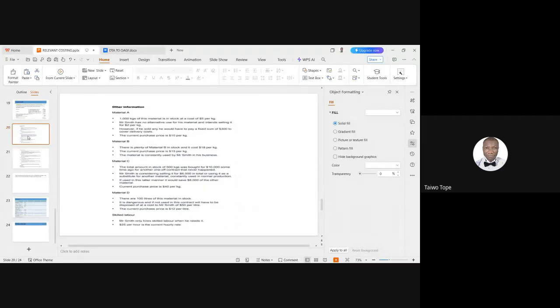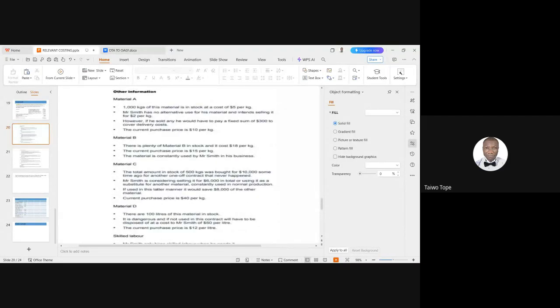The question is: Material A, 1,000 kg of this material is in stock at a cost of 5 naira per kg. Mr. Smith has no alternative use for this material and intends selling it for 2 naira per kg. However, if he sold any, he would have to pay a fixed sum of $3 to cover delivery costs. The current purchase price is $10 per kg. Material B, there is plenty of material B in stock and it costs $18 per kg. The current purchase price is $15 per kg. The material is constantly used by Mr. Smith in his business.